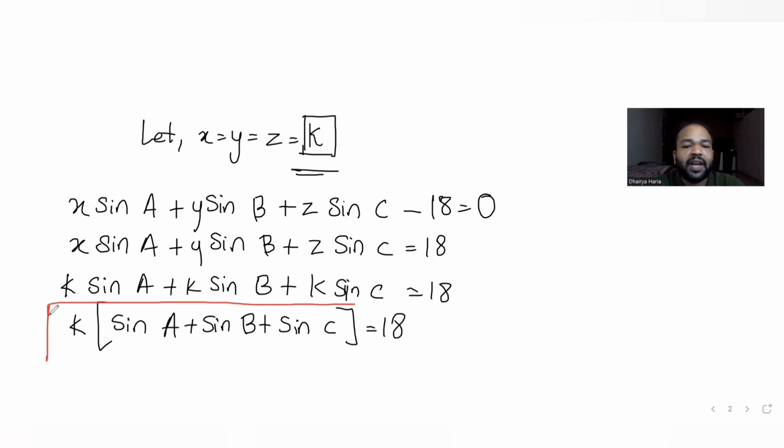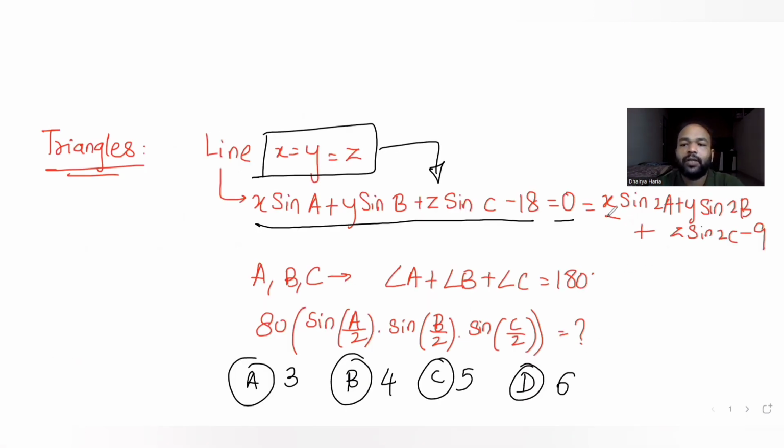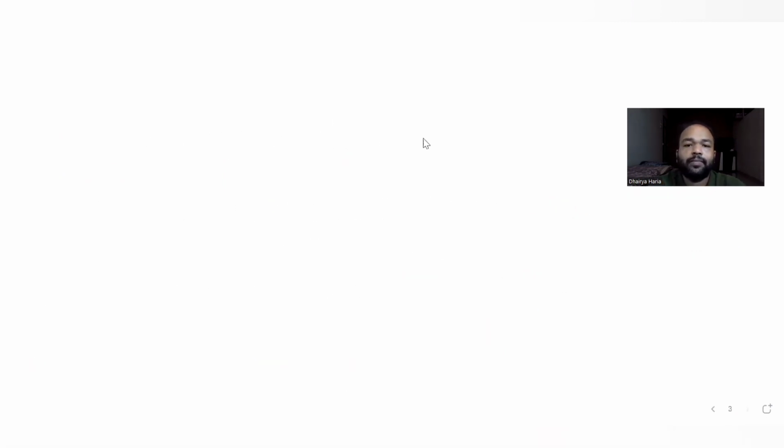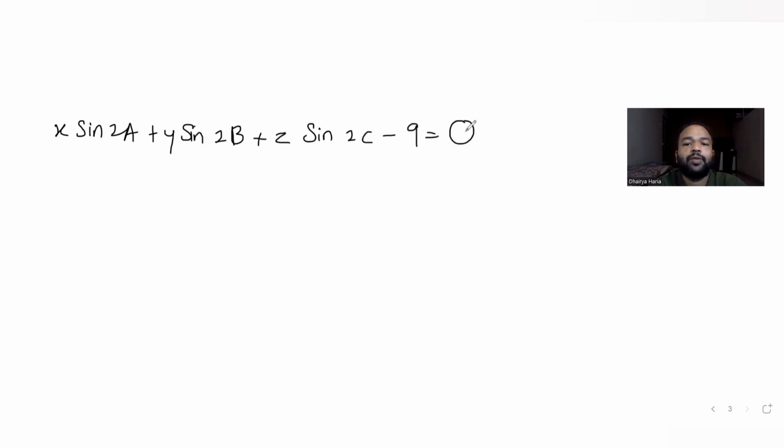We'll try to simplify sin A + sin B + sin C, but for now, let's put that as the first equation. The other equation also, if I equate this entire thing to 0, I get x sin 2A + y sin 2B + z sin 2C - 9 = 0.